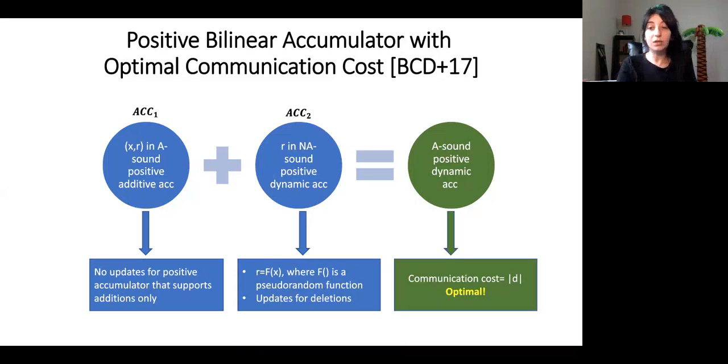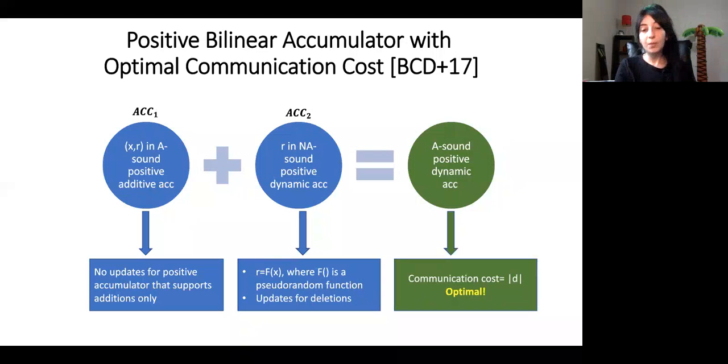It means you only add elements. And then they also add the same randomness in a non-adaptively sound positive dynamic accumulator. Here you can both add and remove R. And then you get an adaptively sound positive dynamic accumulator with optimal communication cost. So there's only updates during deletions.